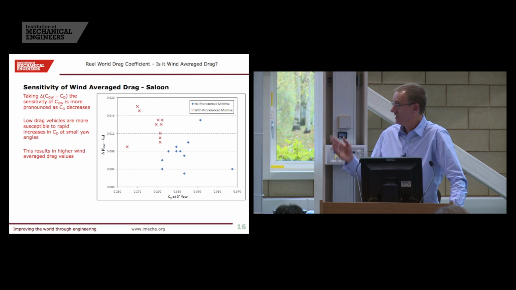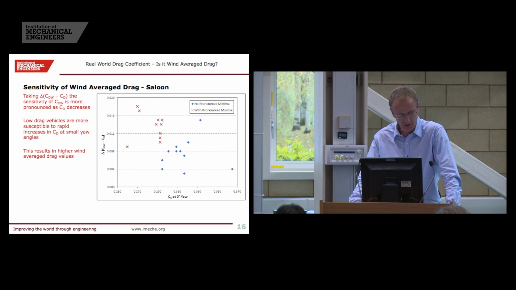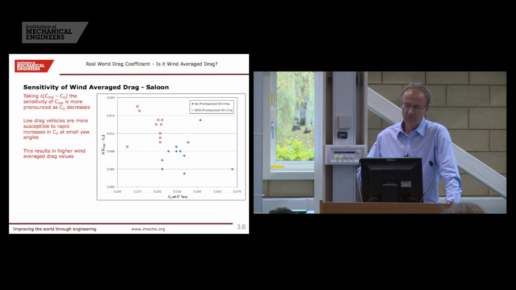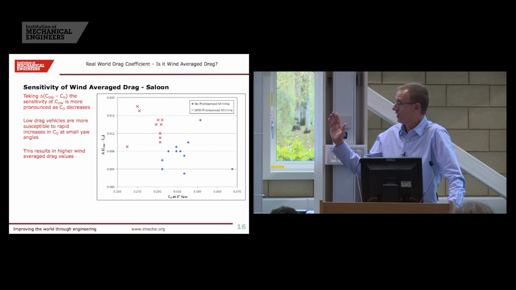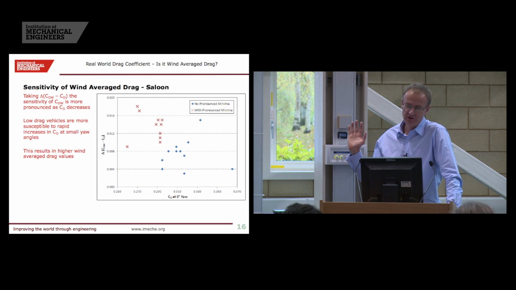Now, I'm not suggesting here that there's a shift changeover at a CD of 0.29; the cars we managed to test were not necessarily the low drag derivatives of those particular models. So what we would know is that the line at 0.29 for the red crosses would tend to shift to the left, as those are the low drag cars. They have low drag cars in the stablemates, and they will tend to shift to the left.